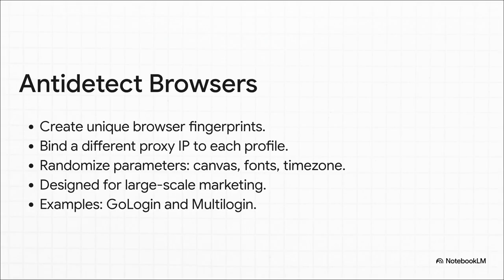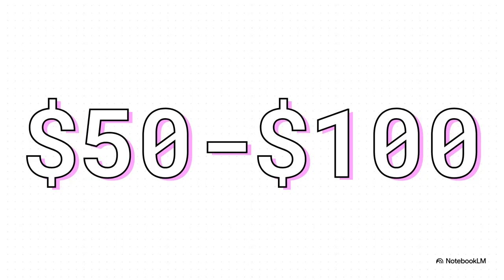They do this by tweaking dozens of technical details and letting you assign a unique IP address to every single profile. But, and this is a huge but, that kind of power doesn't come cheap. We're talking $50 to $100 per user per month. For a solo manager or a small team, that's often just total overkill and way out of budget.